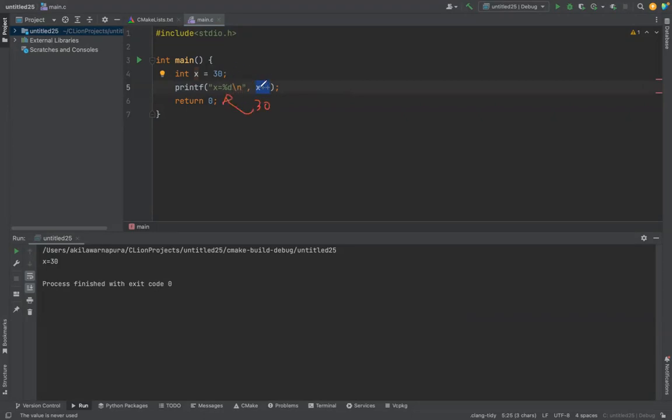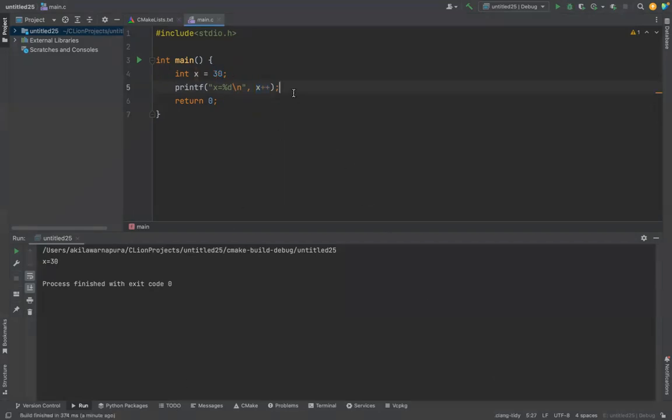After that, plus plus increments the value by 1, so now it is 31. The existing 30 is assigned here, and after that the value is incremented by 1. The x value is 31, but the assigned value is 30. I think you got to understand this one.